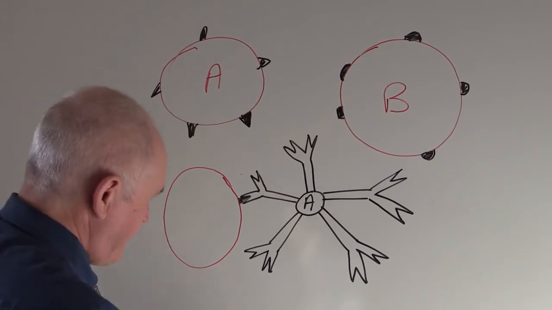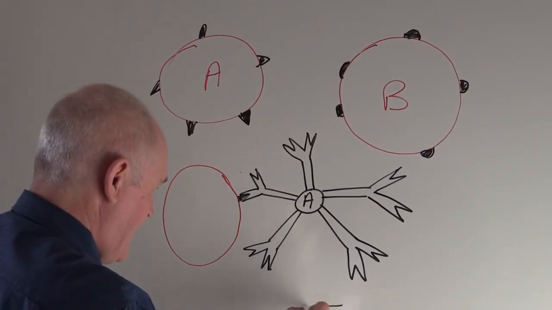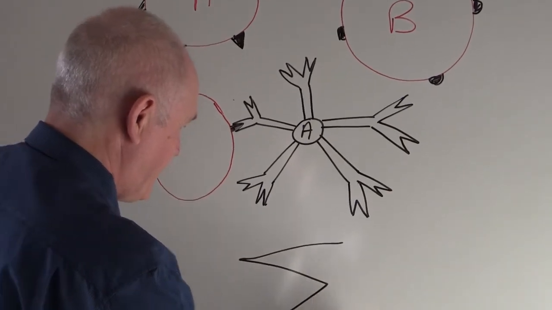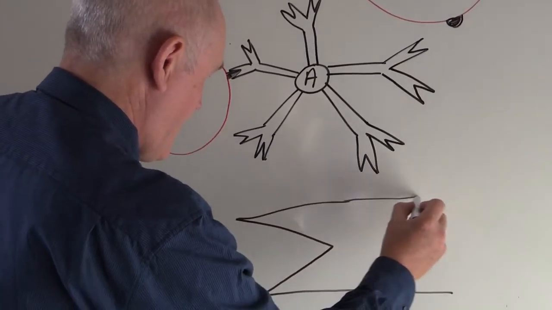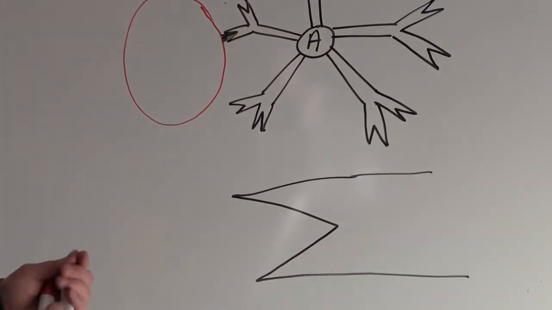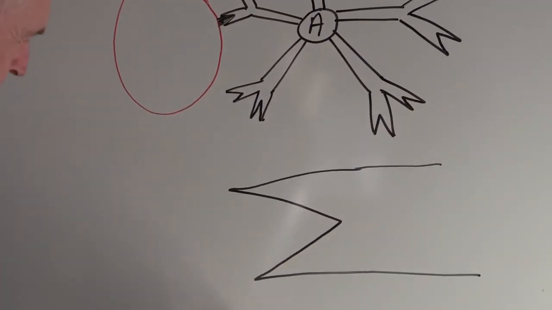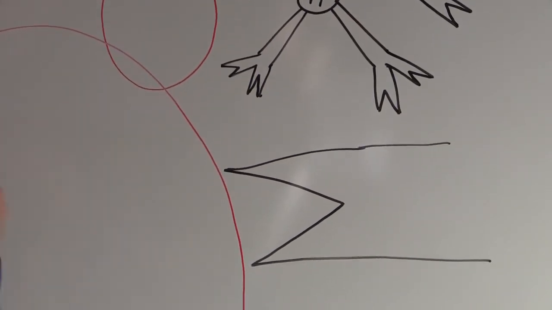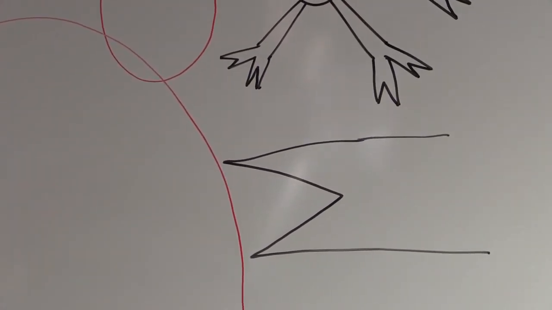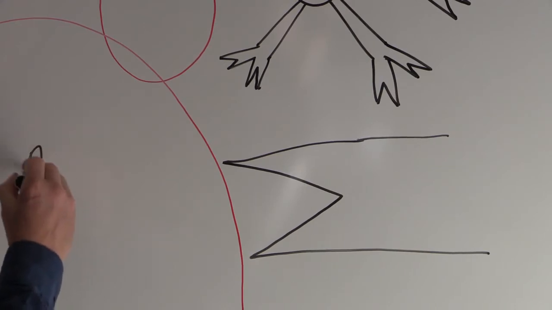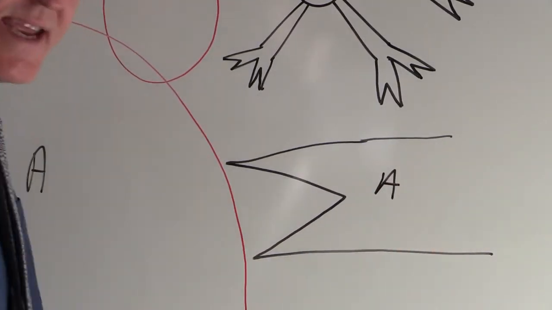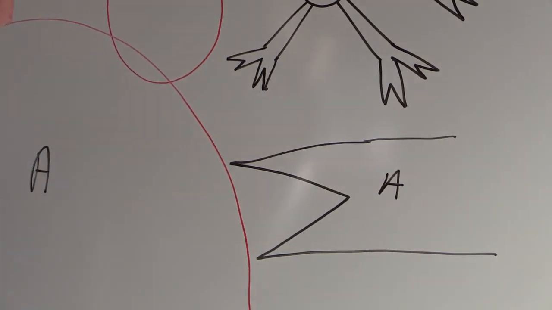So if we look at a blow-up diagram of this, here's the end of the immunoglobulin. Here is the red cell. And this is a group A red cell. This is an anti-A antibody.